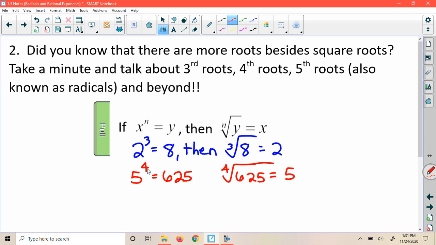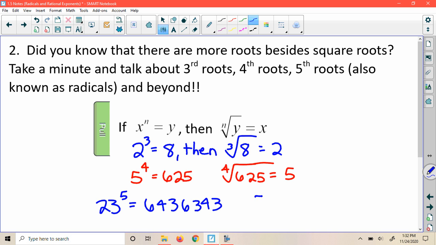In class, somebody said, does this work for really big numbers? It does. Now that I've got my calculator in my hand again, they had me do a large example. 23 to the 5th power on my calculator tells me that it is this large number, 6,436,343.